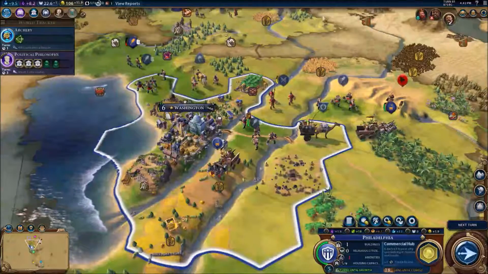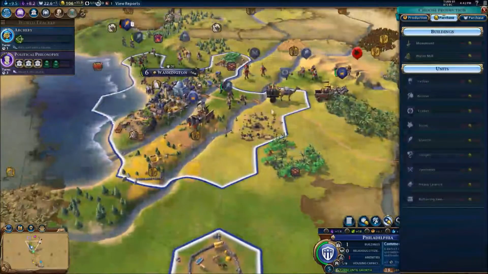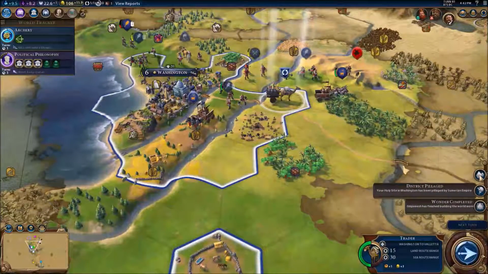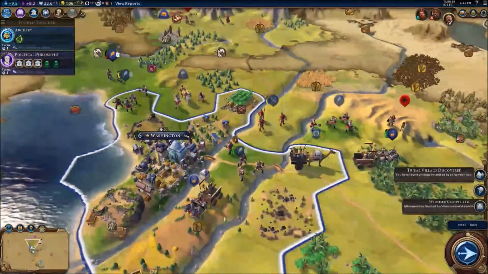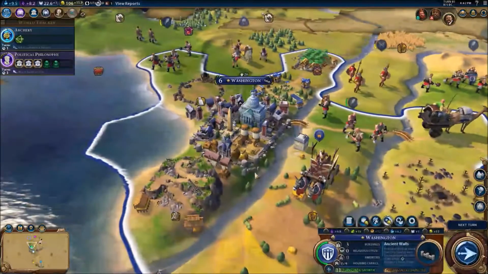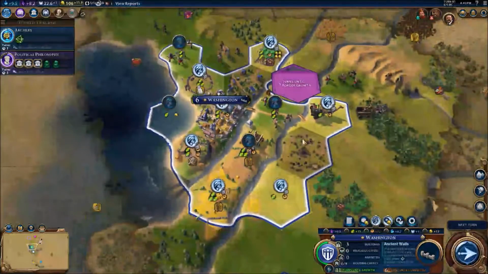Let's see if we have enough money for this. They pillaged our holy site, meaning that we'll have to fix it, if we can.